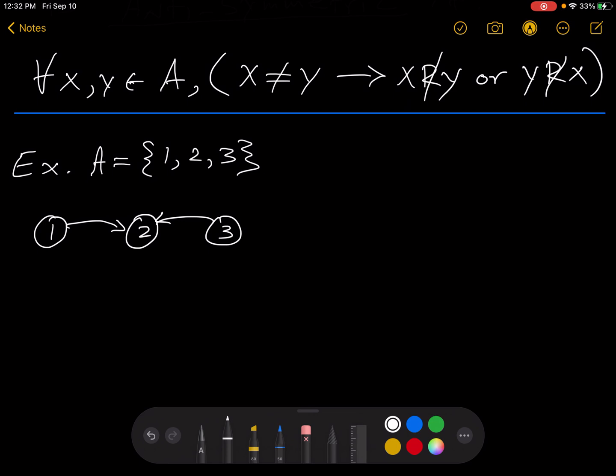Now the question is, is this relation defined by this graph antisymmetric? And to decide, I'm going to make a table very similar to the ones that I did in previous videos.